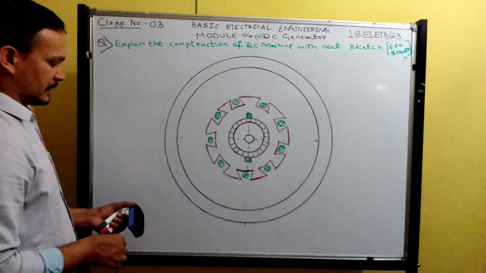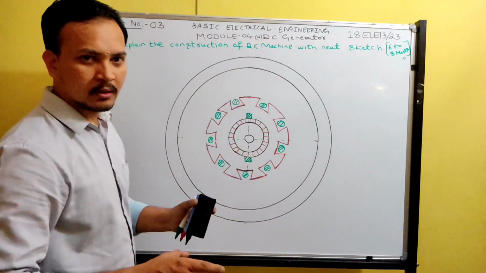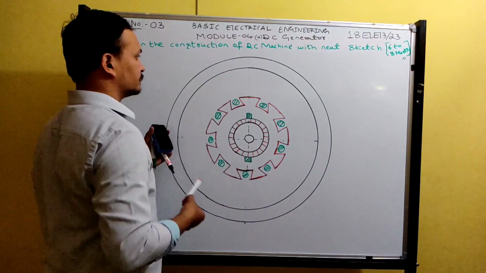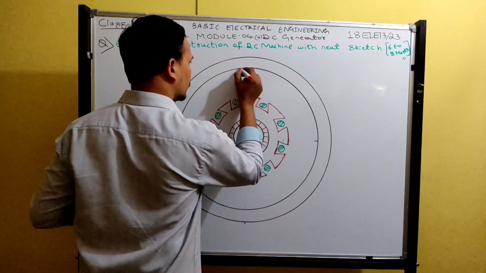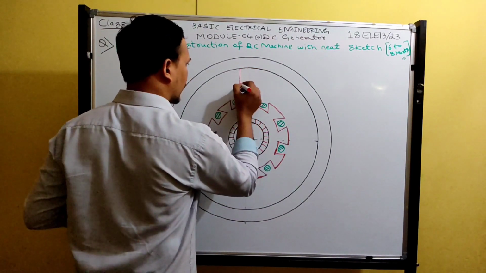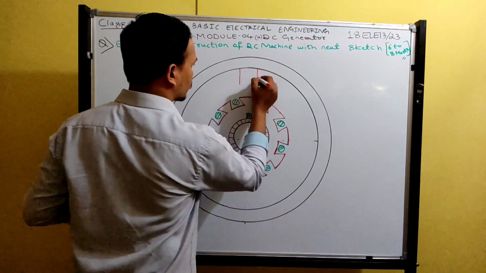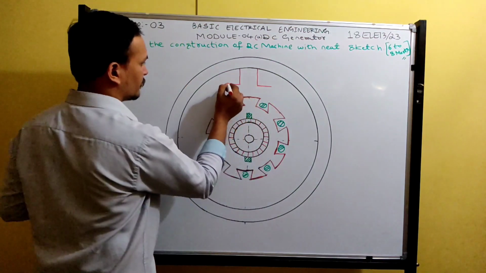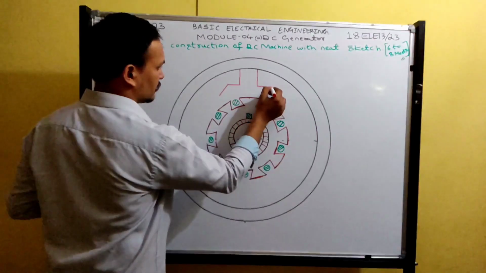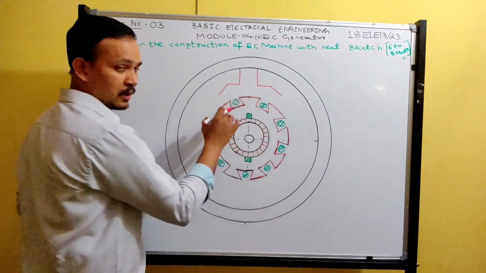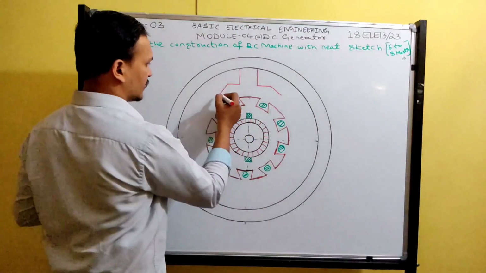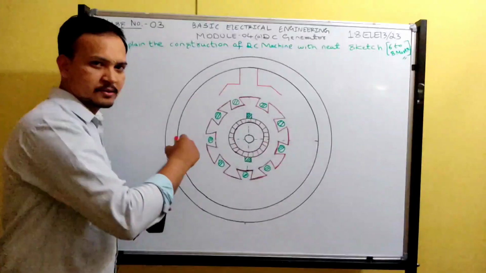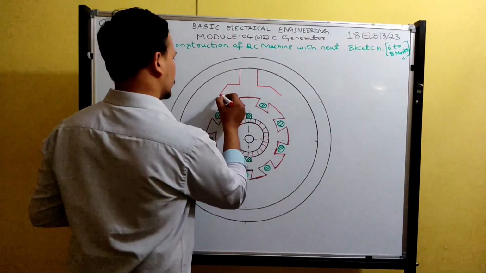Next part is you should draw the poles. How to draw poles? See, from this point you extend a vertical line, and here also extend a vertical line. Finally, you take some angle, expand this with a certain slope, and join this point and this point with some arc.